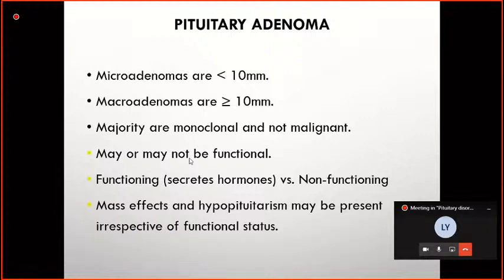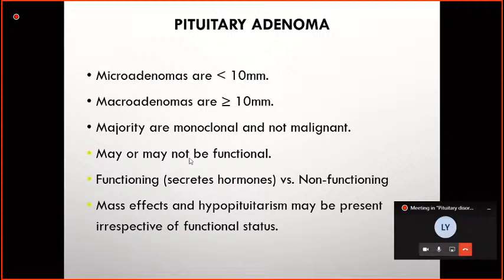So it can be functioning, can be non-functioning, and yes, there is mass effect depending on the size of your adenoma. When you have a non-functioning adenoma, that doesn't mean that you don't have any endocrine abnormality, because you can still have a mass effect. The mass effect can mean the effect on the surrounding structures around the pituitary itself. We talk about headache, rhinorrhea, hemianopia.